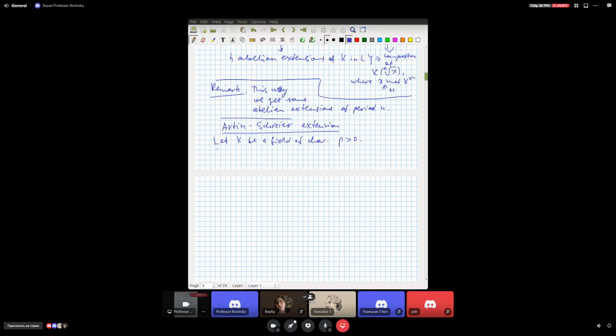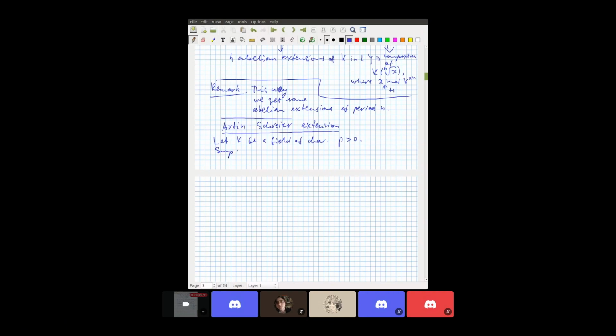Suppose, and maybe we can fix some alpha in K, and suppose that x to the p minus x minus alpha is irreducible.